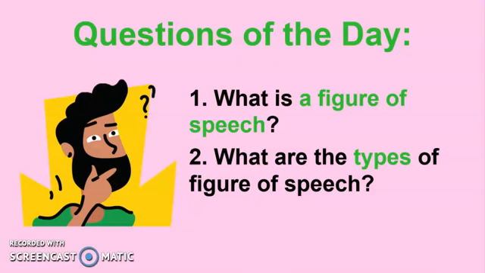And then we have apostrophe, which is like personification, but you are talking to a dead thing or someone absent as if it was alive or present. And then lastly, we have metonymy, where you're labeling a thing by substituting its name. For example, the crown will represent the king, and the White House will represent the President of the United States. That's for metonymy.